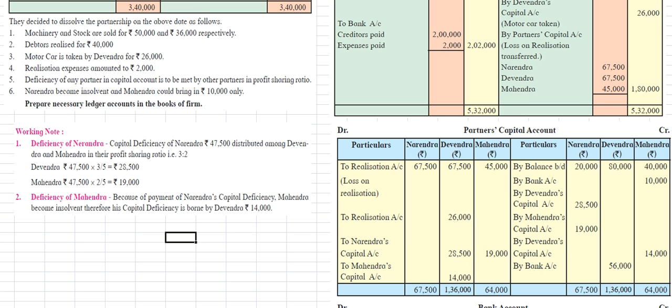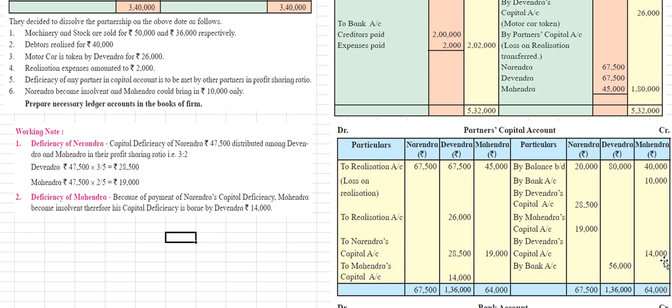So by Devendra's capital account it is 14,000 rupees, because of payment of Narendra's capital deficiency. Mahendra became insolvent, therefore his capital deficiency is borne by Devendra, that is 14,000 rupees.